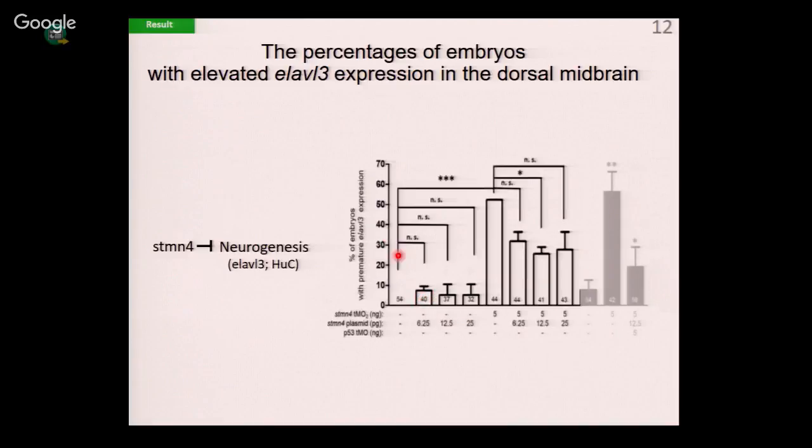The percentage increased after adding stem cell morpholino 2. They also tested whether the effect might be caused by non-specific activation of p53. Taken together, this result indicates the depletion of stem cell could specifically induce the precocious LVO3 expression in dorsal midbrain.